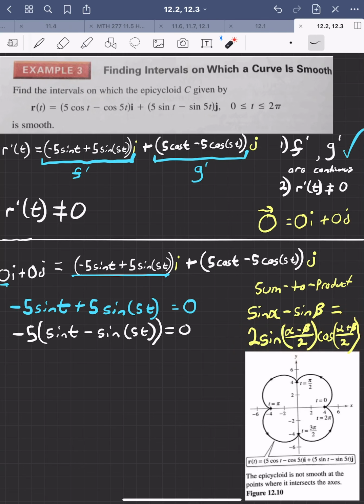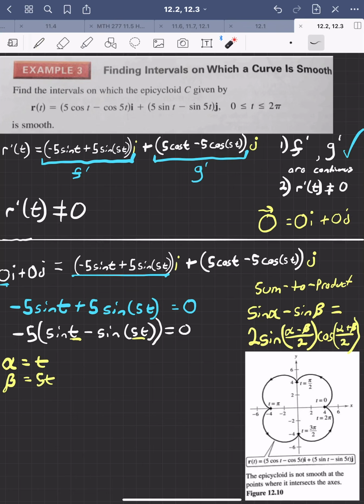Now, let's just apply this formula. In this particular case, we're going to let alpha be t, that's the first angle, and we would let beta equal 5t.